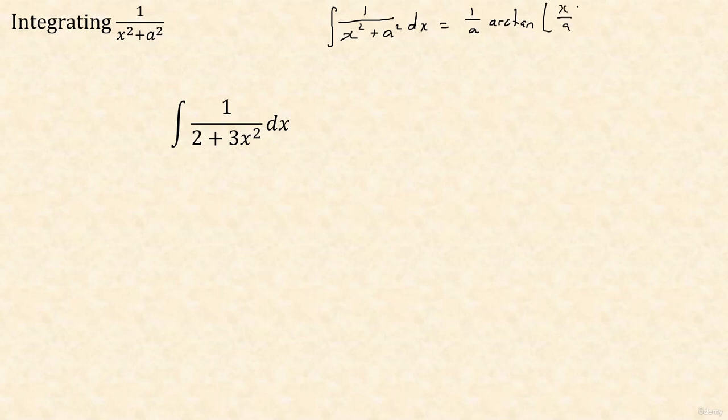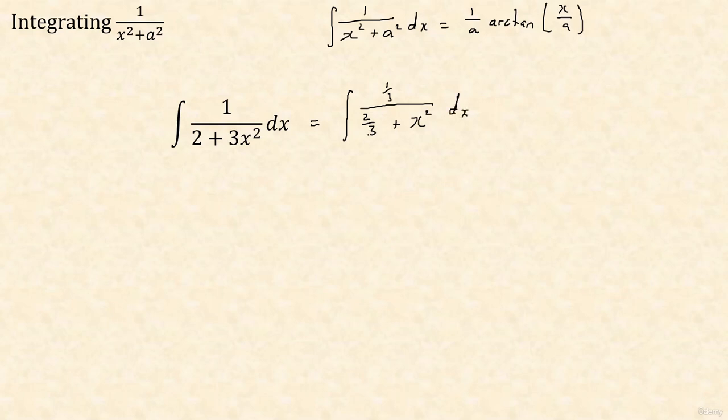We can't use this rule unless we have x squared entirely on its own. So no coefficient in front of the x squared. So I'm going to begin by just dividing through top and bottom by 3 here. And that's going to give me a third over 2/3 plus x squared.